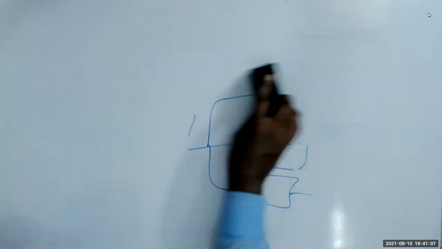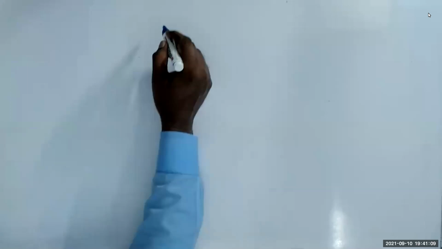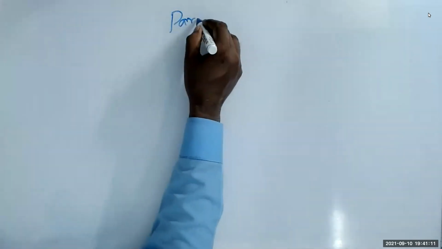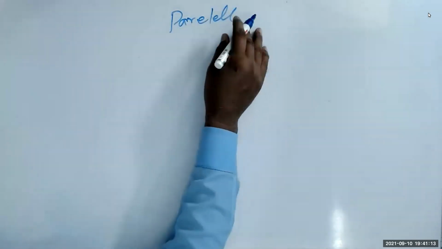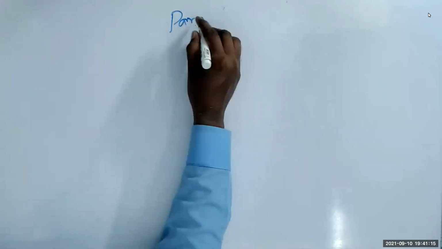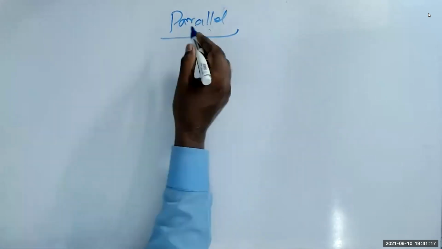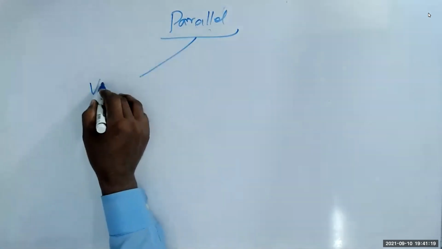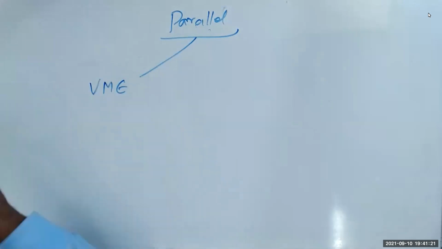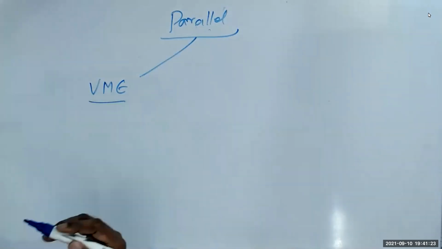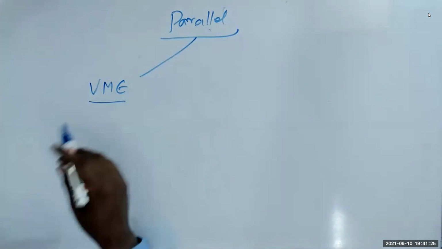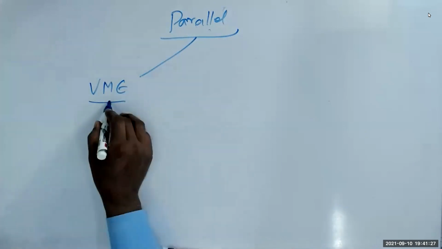Now let us come to the parallel. We will discuss this later, but right now I give you the top level. The first famous parallel bus was VME bus. Even before that, there were so many buses, but VME was famous for quite a long time. All the industry used it.